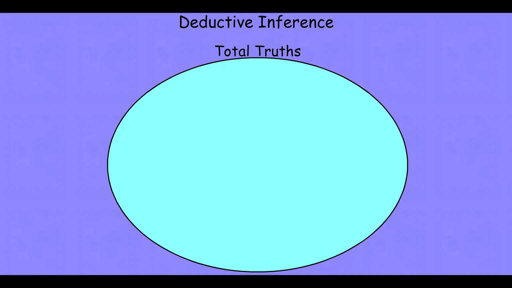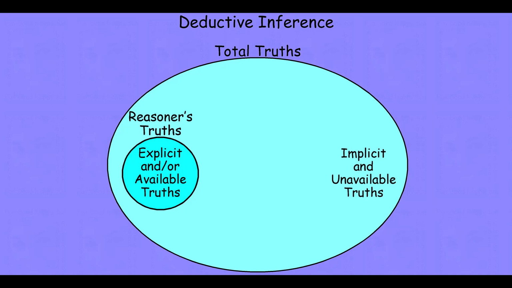Now, within that large circle of everything that has to be true, not what they know, but everything that has to be true given what they know, there are two different subsets or groups. There is the information that's explicit and available to the reasoner, the things that they believe or know, the information that they can utilize for the purposes of inferences and decision making. The rest of the information in this total truth circle is things that have to be true, but that are implicit and unavailable to the reasoner at that time.